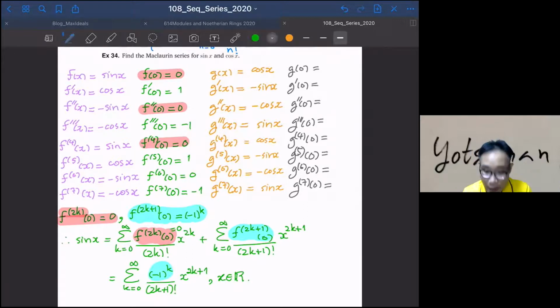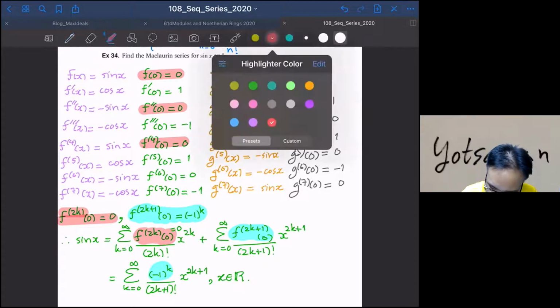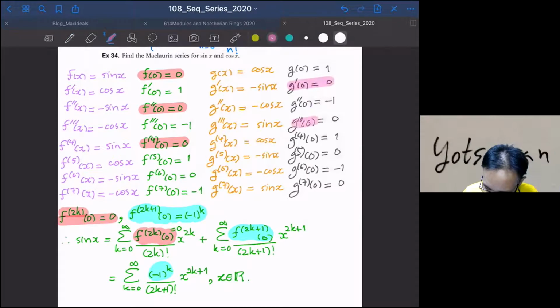And you see that it's going to be 1, 0, negative 1, 0, 1, 0, negative 1, and 0. And you see that you're going to have the term equal to 0 for the odd power. Okay, so the odd power turns out to be 0.